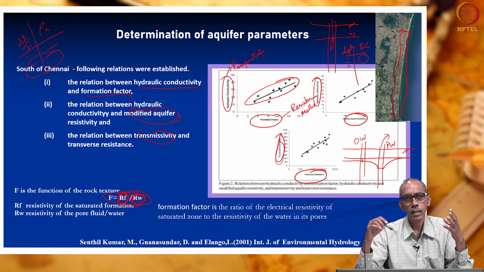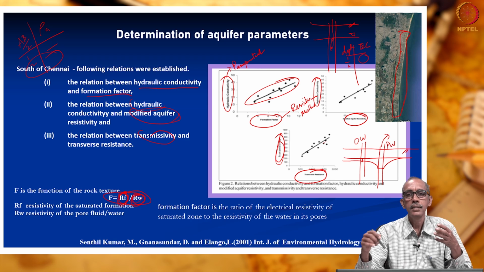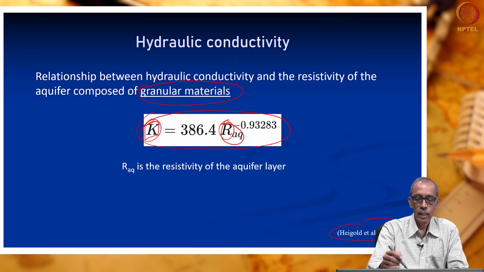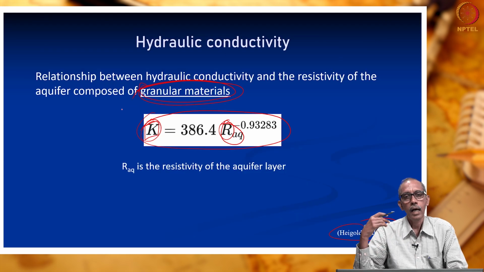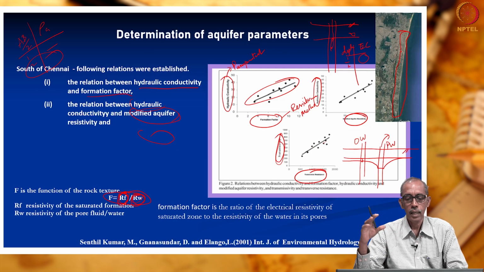However, we cannot expect such a nice relationship everywhere, since all this analogy between groundwater flow and the current flow is reasonably clear only in the case of more or less homogeneous granular aquifers.